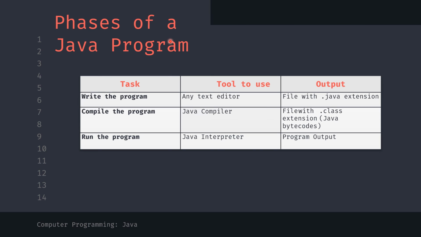How do you code a Java program? If you have a Linux Ubuntu OS or a Mac OS, these are the steps in creating Java code. First is to write the program in any text editor such as Sublime, Notepad, or Notepad++, and then save the file with the .java extension.